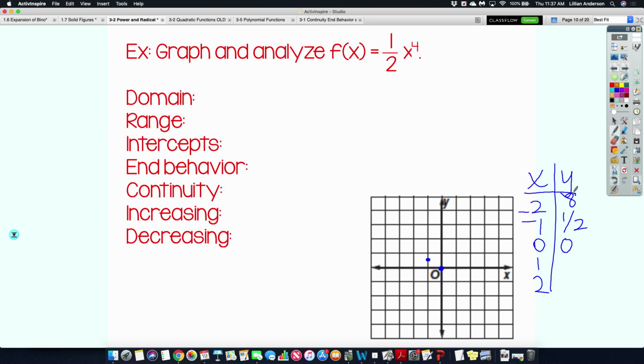Now this one, unfortunately, is going to be off the graph, but it's going to be somewhere up here. When I plug in 1, what do I get? And when I plug in 2, what do I get? And that's how it looks, very similar to a quadratic. But it's not a quadratic, it's actually a quartic.